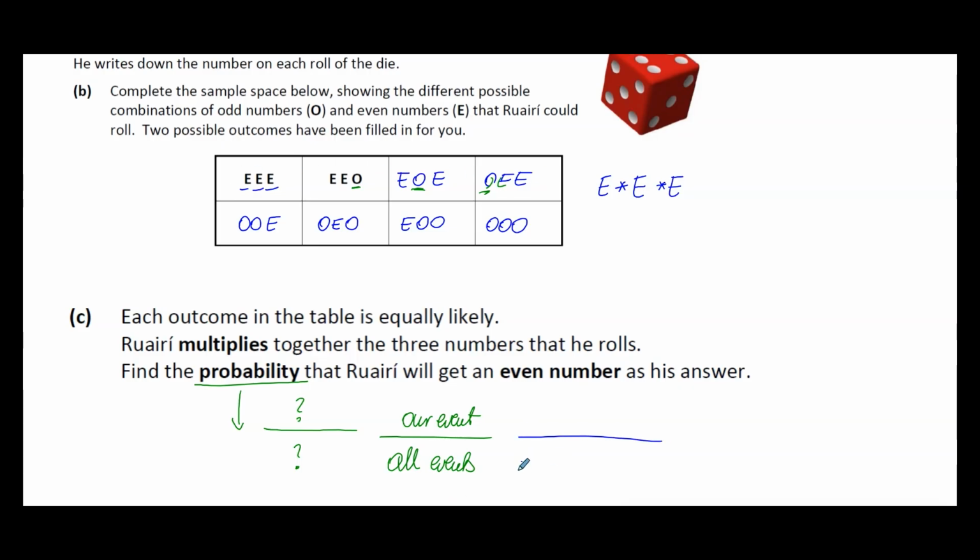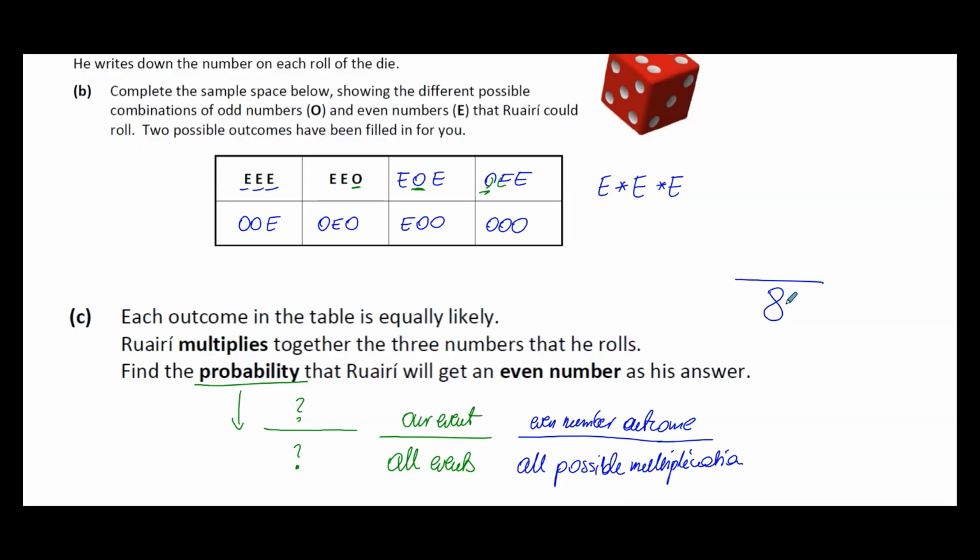So here, all possible multiplication. And on the top, the one we want is even number outcome. We want those multiplications that have even number. Okay, so all possible. How many we have? 1, 2, 3, 4, 5, 6, 7, 8. 8.